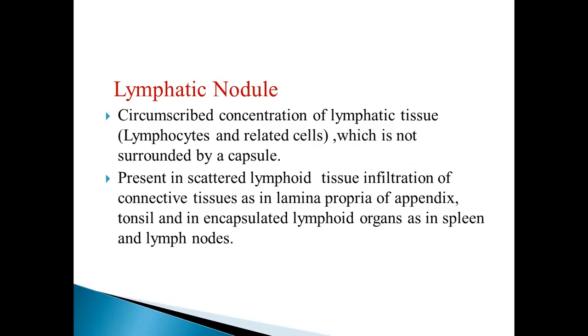What is a lymphatic nodule? Whenever you learn about the lymphatic organs histologically, you will come across this term. A lymphatic nodule is a circumscribed concentration of lymphatic tissue containing lymphocytes and related cells like reticular cells, fibers, plasma cells, and macrophages. A single nodule is not surrounded by a capsule. It is present in scattered lymphoid tissue, in infiltration of connective tissue as in the lamina propria of the appendix, in the tonsil, and in encapsulated organs like the spleen and lymph nodes.